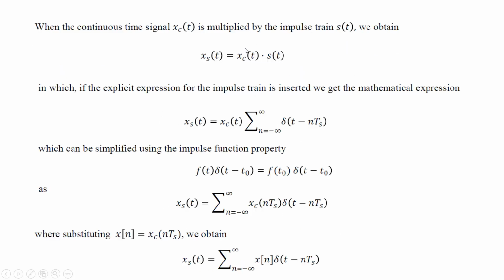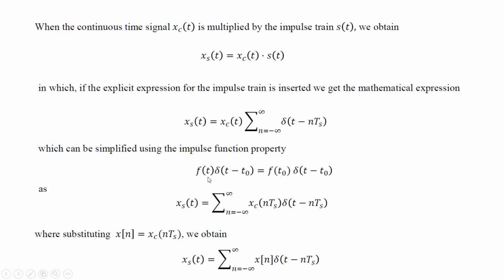Now we know that the product signal is given by this multiplication, and if we put the value of s(t) which we defined in the previous slide, we will get x_s(t) equal to the continuous signal times the impulse train function. Now let us look at this property.